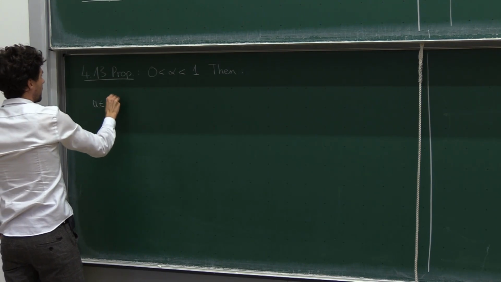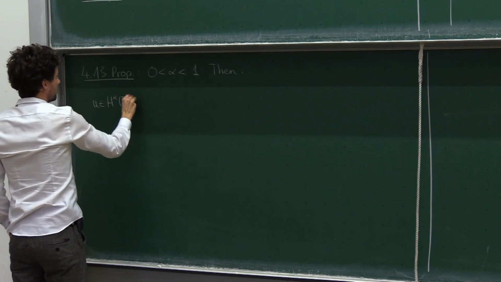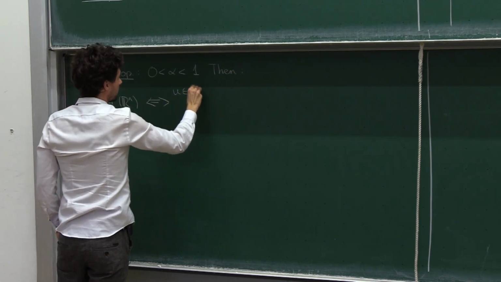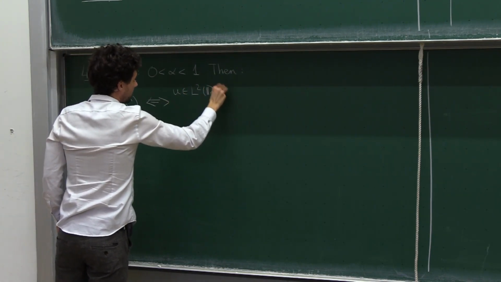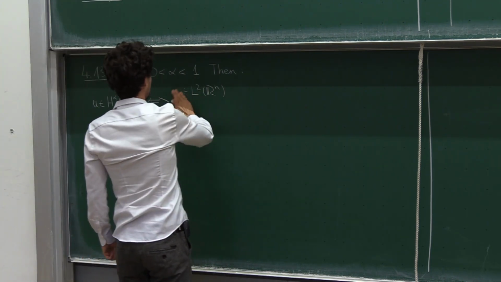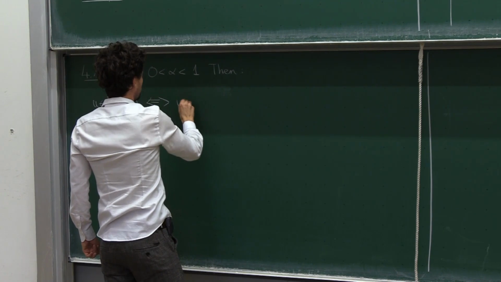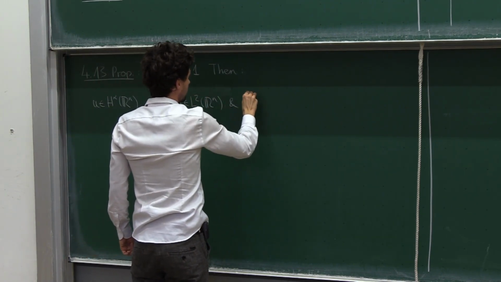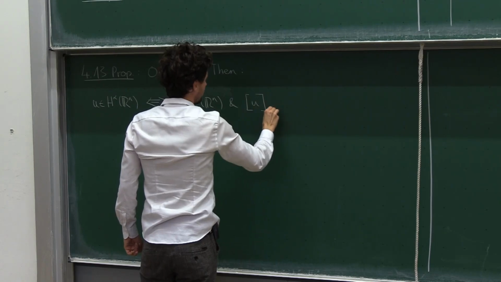U is an H alpha function if and only if U has to be L2, and the question is how much more does it have to be? And the answer is the following. U is in L2 of Rn, and the following quantity has to be finite.